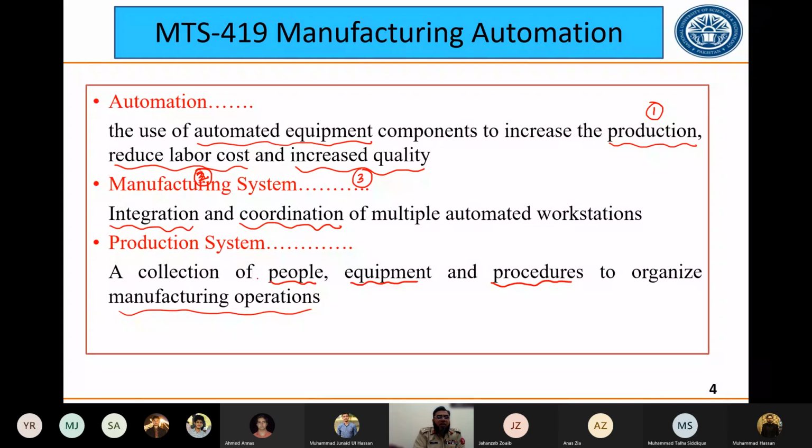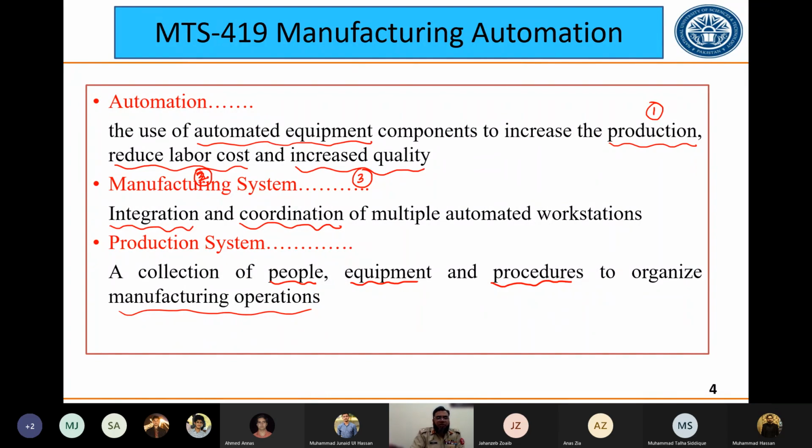And then our production system is a collection, a harmony, of people, the equipment which is automated, and the procedures which are also automated to organize manufacturing processes or operations. So this is how we define our automation system, which is coupled with the manufacturing system and the production system.